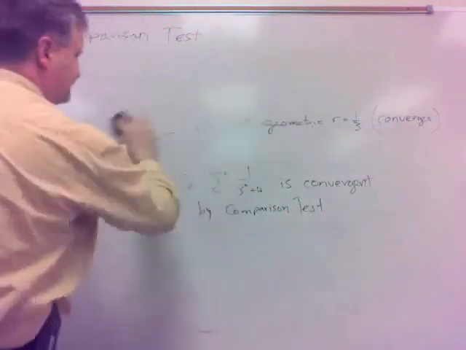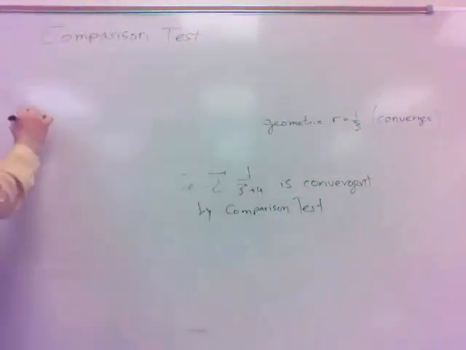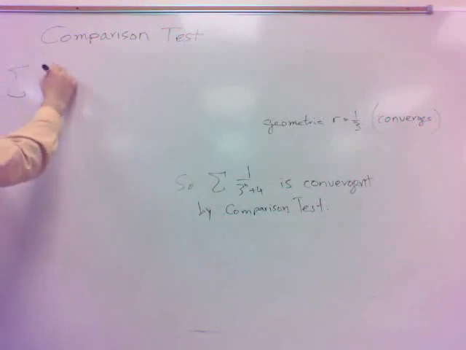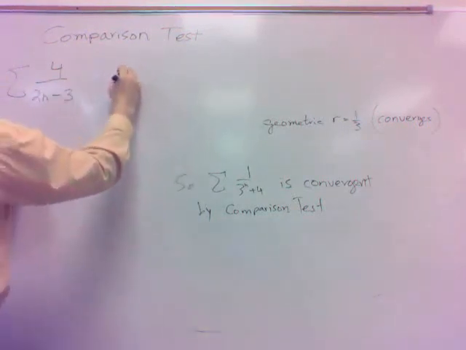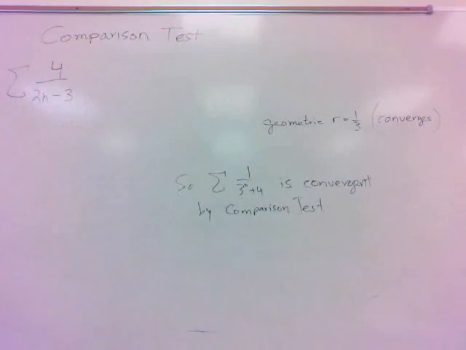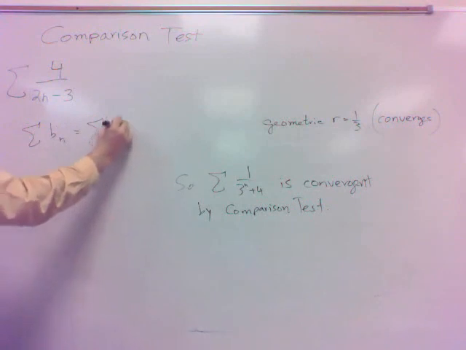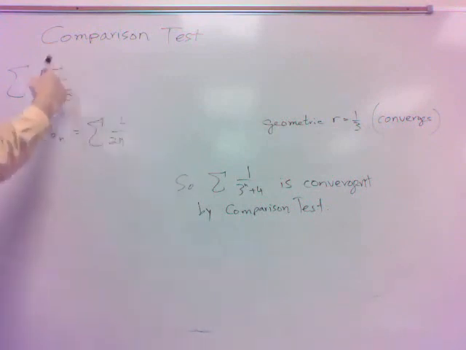See how I do on this one. Four over 2n minus 3. Well, we compare that to what? My b sub n series would be 4 over 2n, leading parts, which is 2 over n.